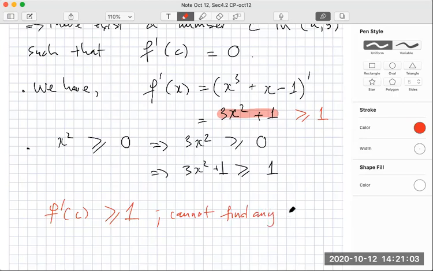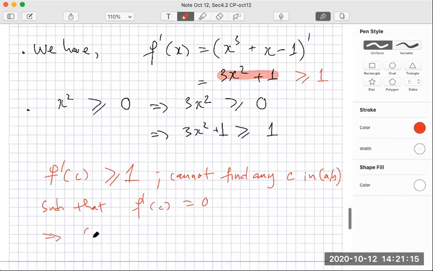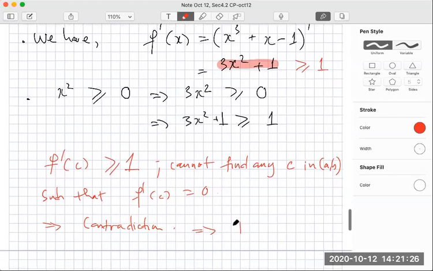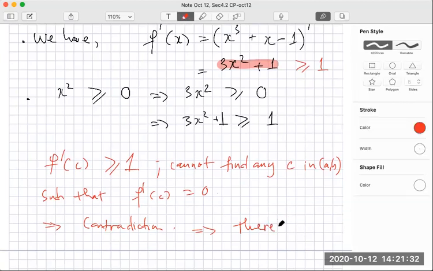We cannot find any c in (A, B) such that f prime of c will be 0. So this is the contradiction. Therefore, there is only one solution of this equation. The solution is unique.